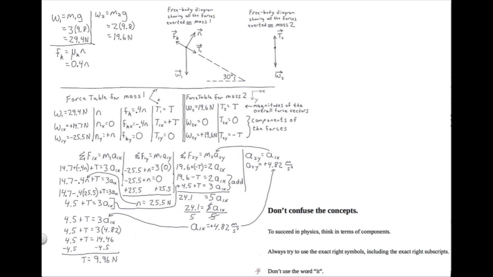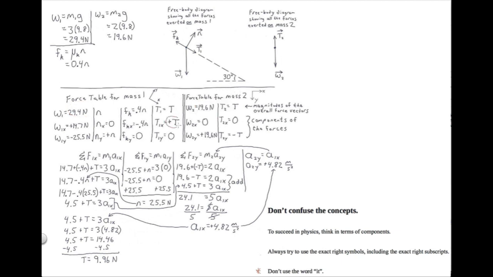Here's maybe the most important piece of advice for not mixing up the concepts. Don't use the word it. Don't say it's 29.4 newtons or it's 19.6 newtons. Instead, always label each concept with the correct name or symbol. Say that the magnitude of the weight for object 1 is 29.4 newtons, or say W sub 2 is 19.6 newtons.